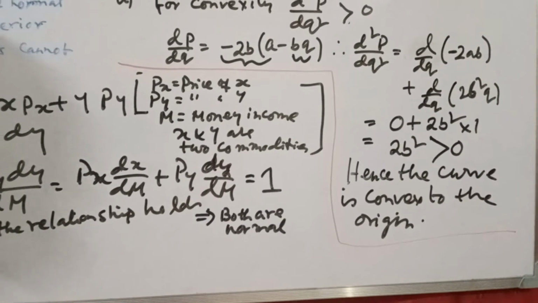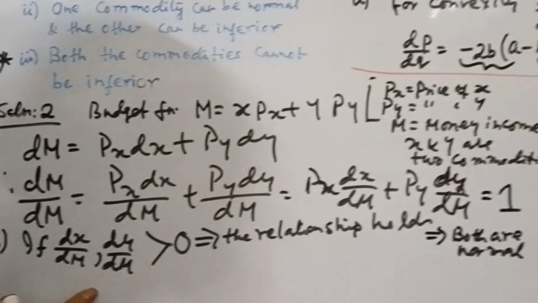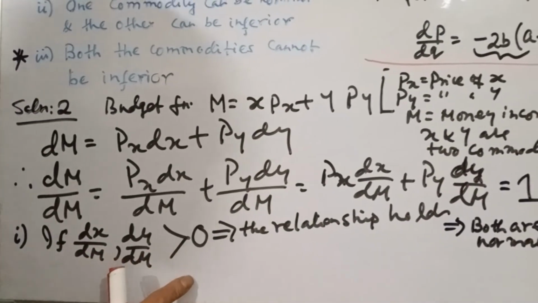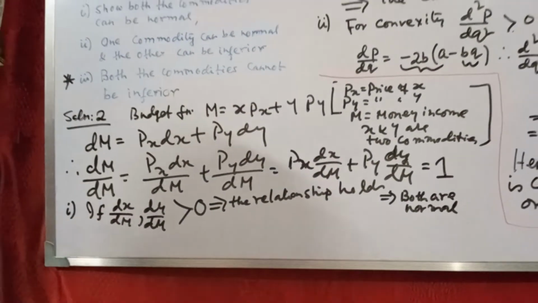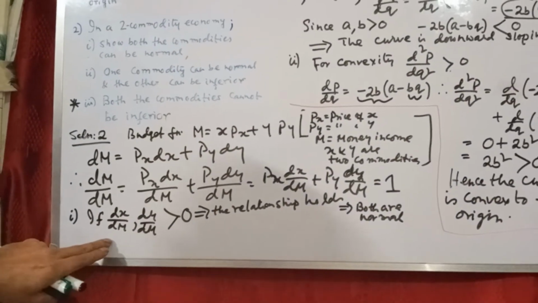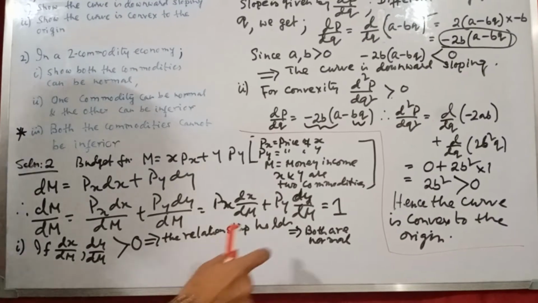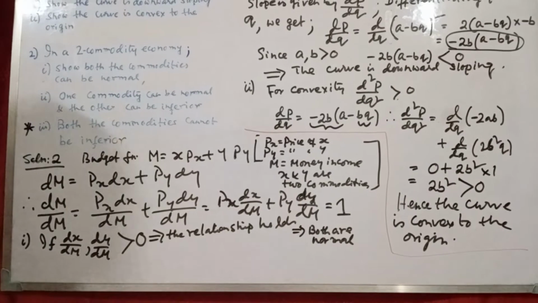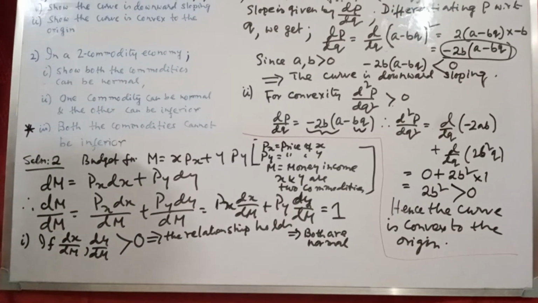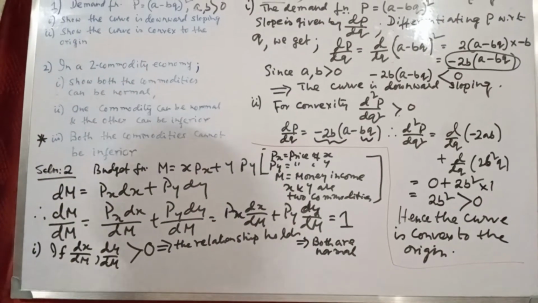If dx/dm and dy/dm are greater than 0, then both the commodities are normal, and if both are greater than 0, then this relationship holds good. So both the commodities can be normal. So part 1 is proved.